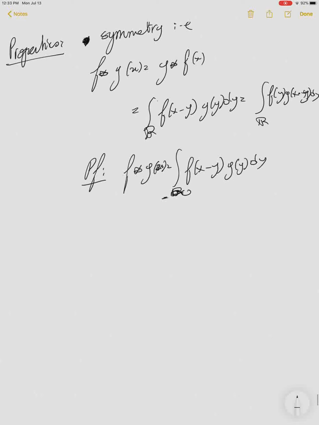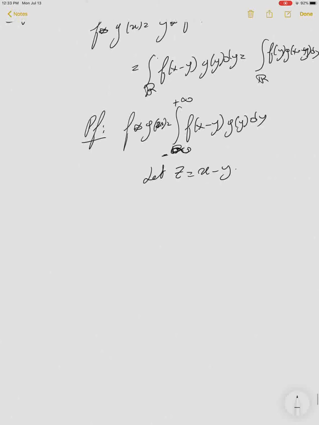And now I will put minus infinity to positive infinity because I will need this. Let z be equal to x minus y. Here I'm integrating with respect to y, so dz equals minus dy. So f convolved with g at x equals the integral, when y goes to minus infinity, z goes to positive infinity.